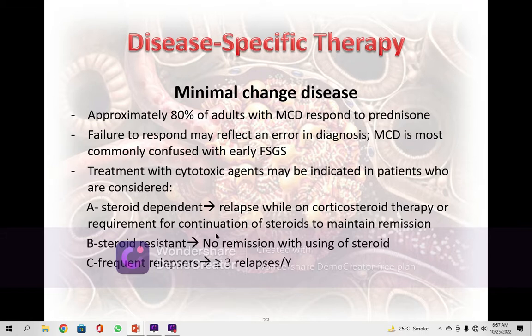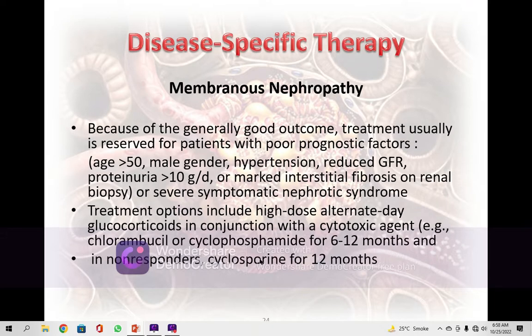Definitely this disease will be inhibited. Otherwise, a second cycle of the steroid should be given, or a third cycle. Otherwise, you have to go for other measures because it is also autoimmune in nature. Some studies show that immunosuppression may be beneficial.